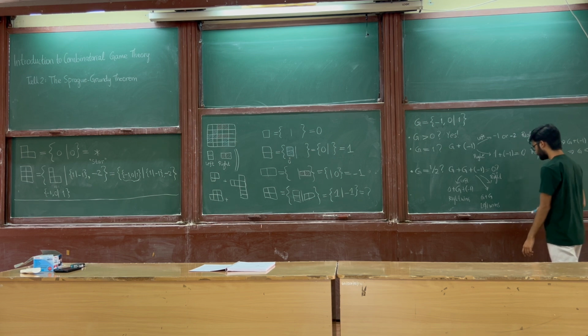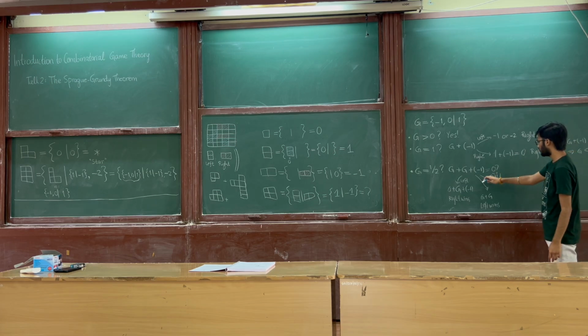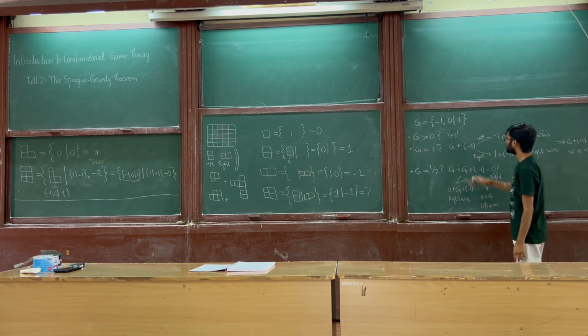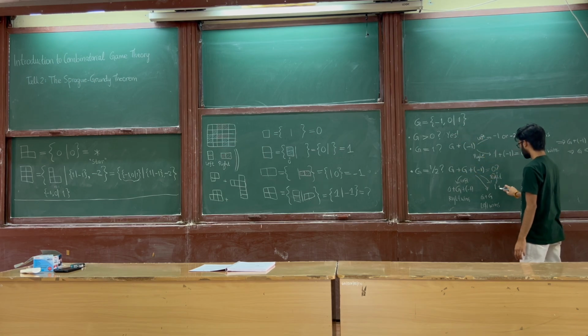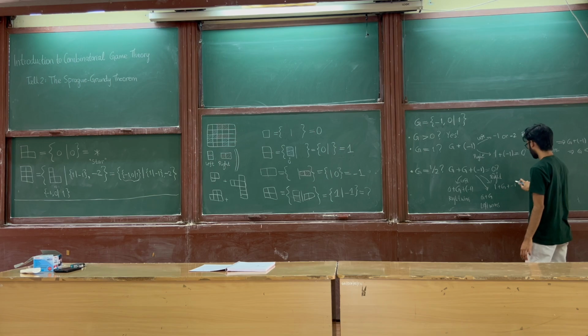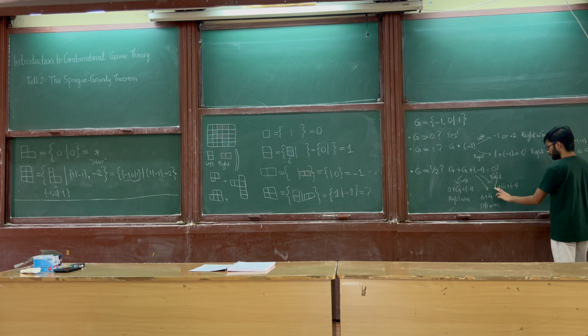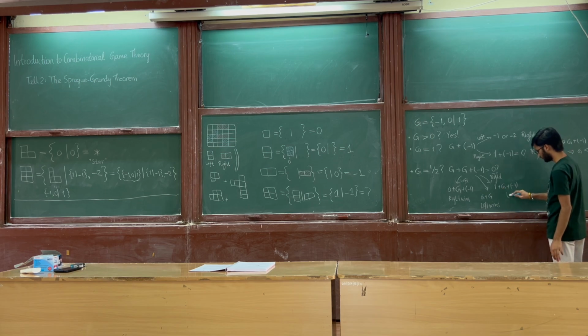Left wins. And the other move that right has is to move in G. In G, right can only move to 1. So that leaves 1 plus G plus -1. Again, 1 plus -1 you kind of expect to be 0, and all that remains is G, and G is again positive, so left wins.